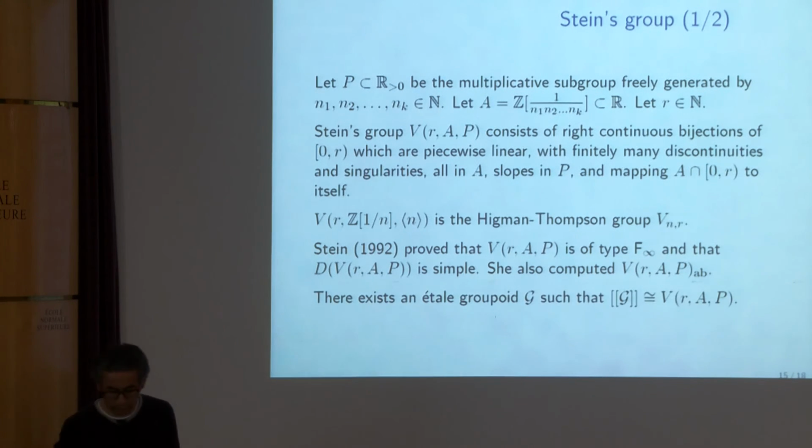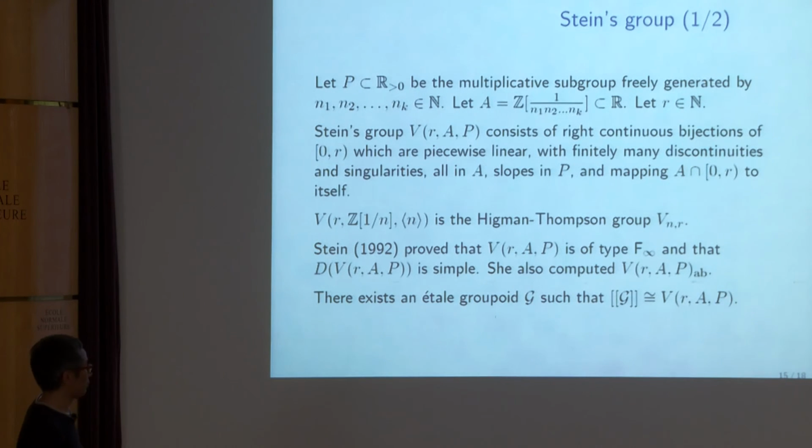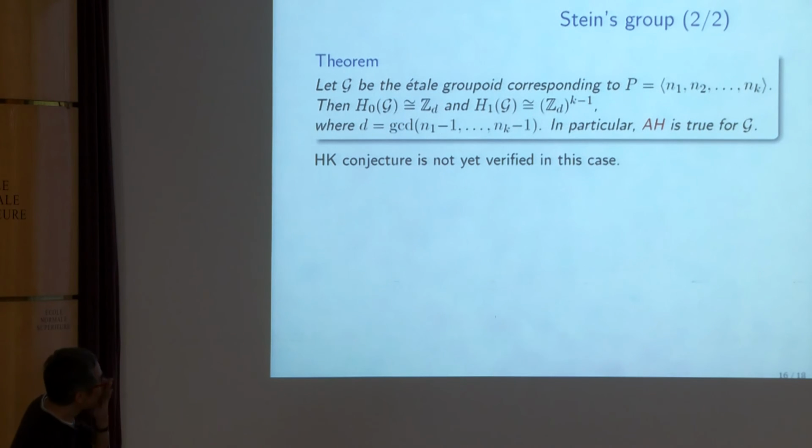As for this group, I can say this comes from some étale groupoid in a natural way. So this is again a topological full group. And for this étale groupoid, I can compute that H0 is Z^d and H1 is Z^{d(2^k-1)}, where d is the GCD of these numbers.